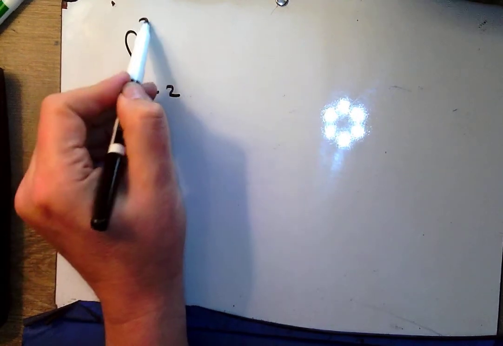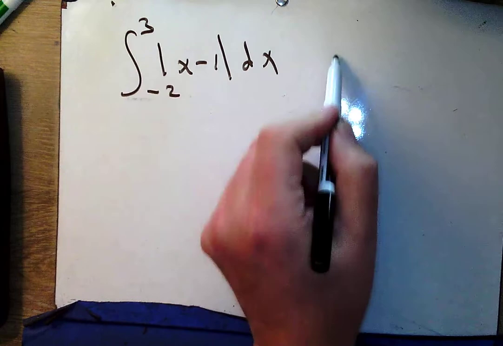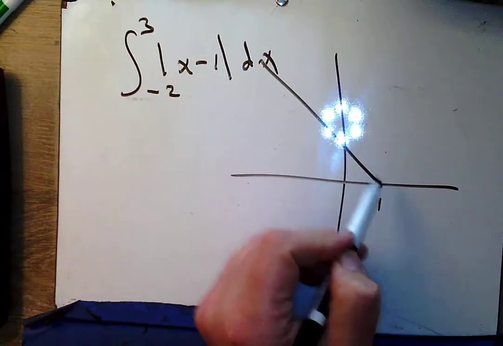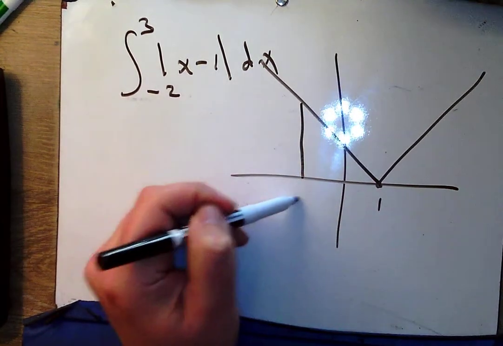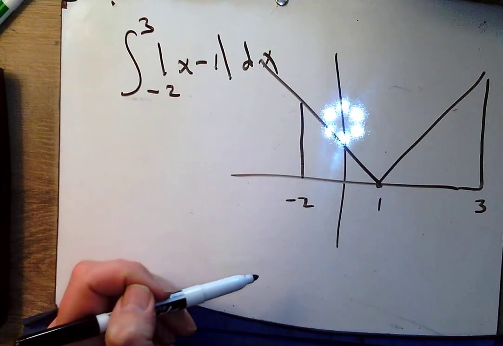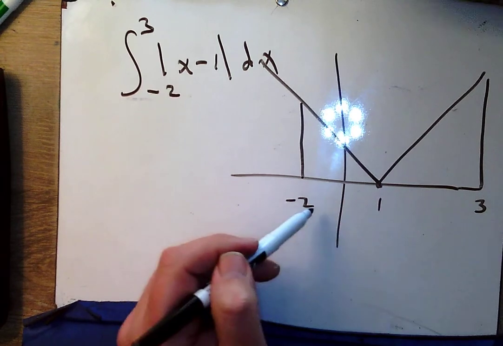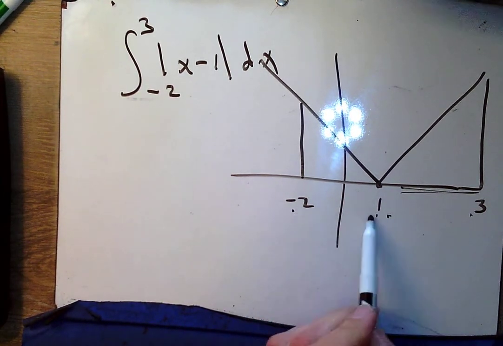Okay, but I don't want to do that here. Instead of finding that piecewise function, when I'm thinking about -2 to 3 of absolute value of x minus 1 dx, I'm thinking about this graph which is shifted right 1, and integrating from -2 to positive 3. I think I actually flipped these because I think this distance is 2, this distance is 3.